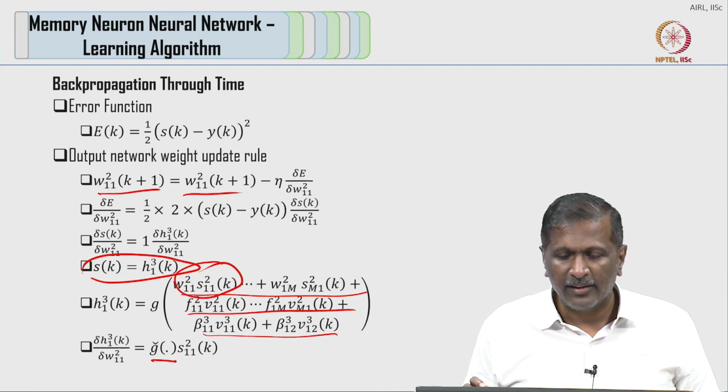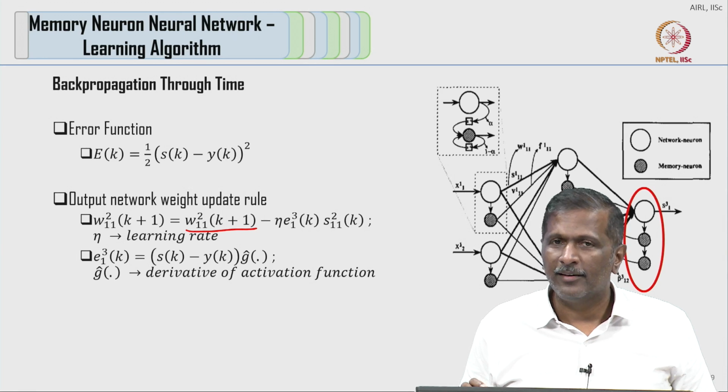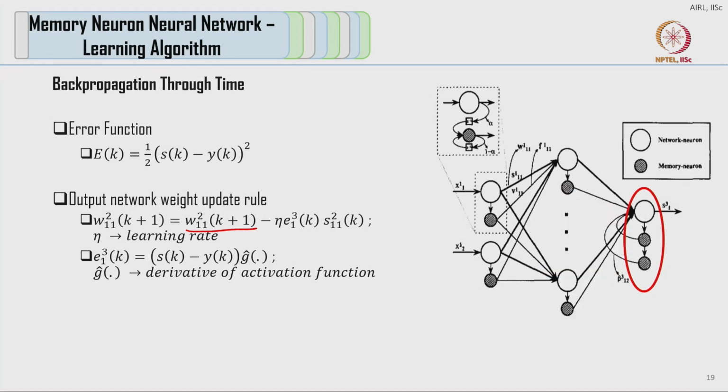If I put it together, W11 of k plus 1 is W11 of k minus eta times E11 of 3, the error in the third layer, which is not a cube, times the input S11 of 2 of k. What is my error defined here? This is nothing but S of k minus y of k times the gradient of the activation function, G prime.